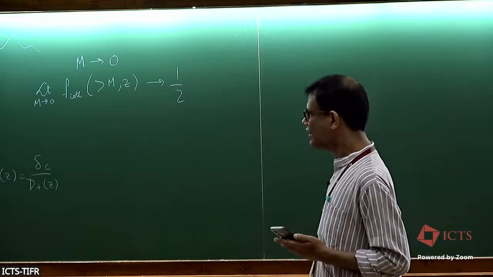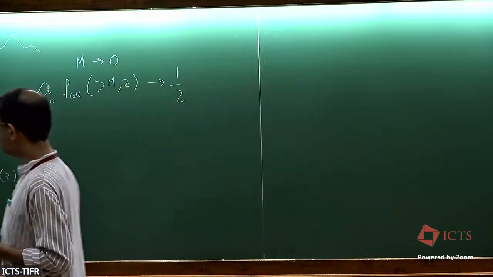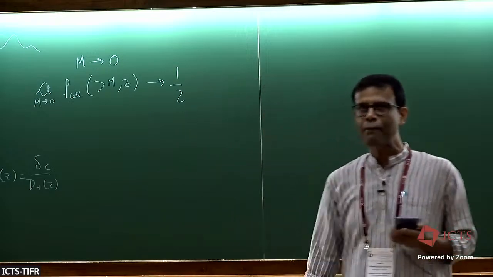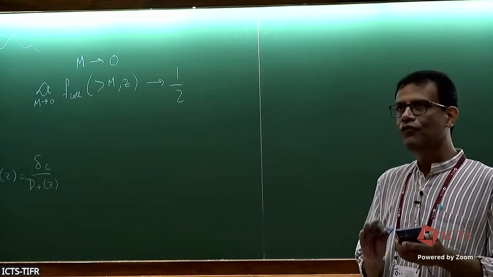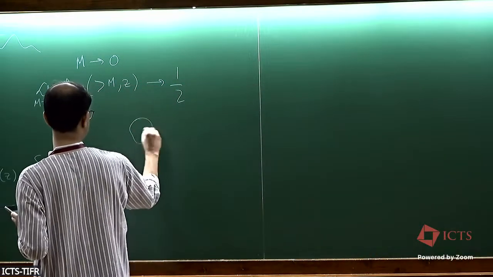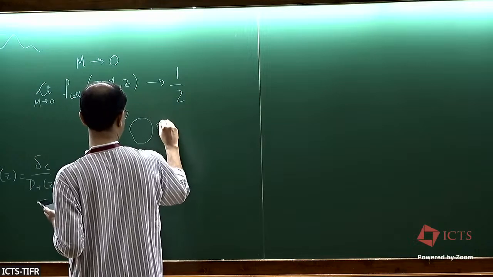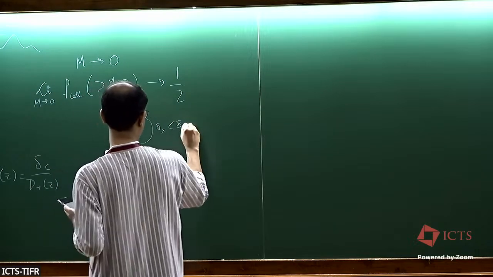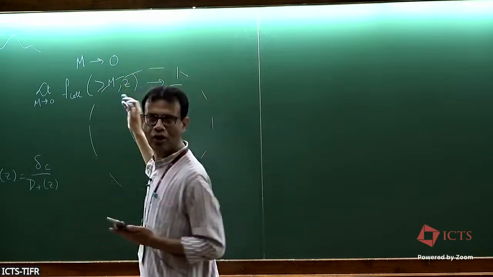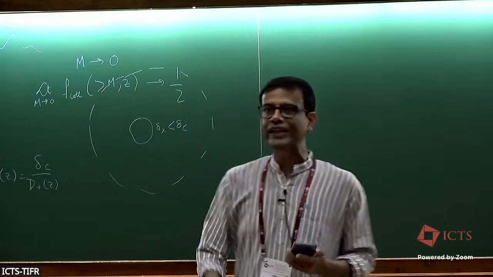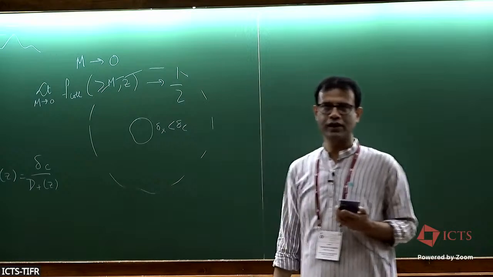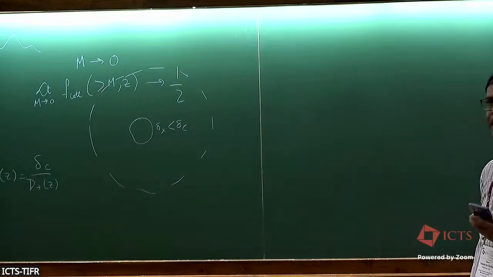So what happens is, here I have integrated over densities above delta critical. It may happen that there is a density which is less than delta critical. So you have some sphere which has delta x less than delta critical, but it is actually sitting in a larger sphere which has average density greater than delta critical.